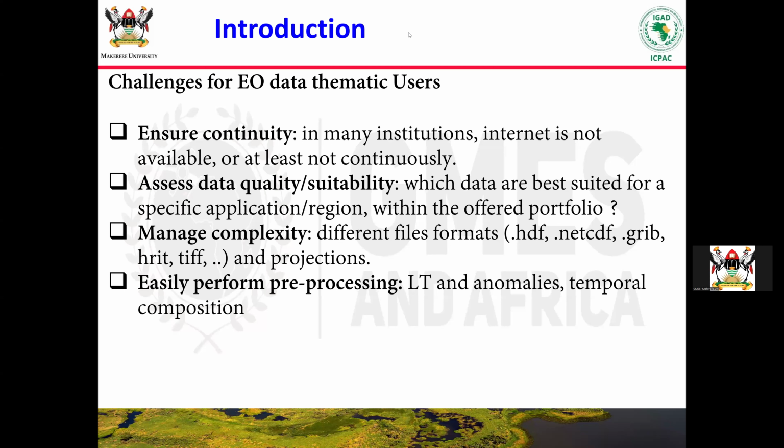Because even when you know where the data is, you cannot download it. And if you can download it, how long does it take you to download the data that you need? So internet is one of the key fuels for the global village that we're talking about.